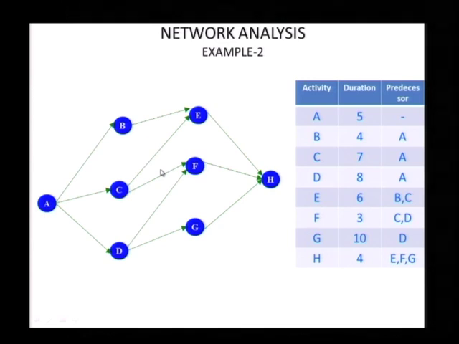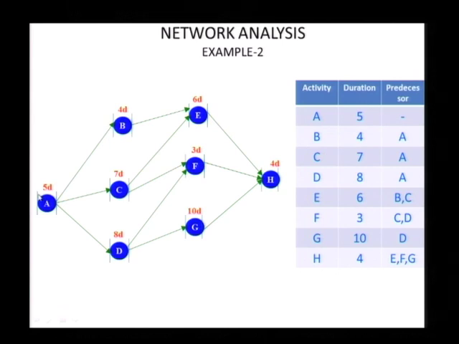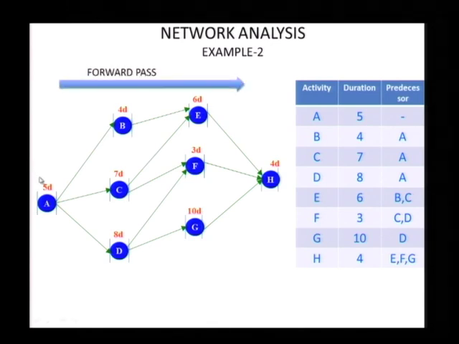Now we put in the durations as we did it manually. I am using the same notation here. I have all the durations now along with all the activities, and now I start the forward pass. So with 0, 5, and now all of these can start at 5, and this would go to 9, 12, 13.